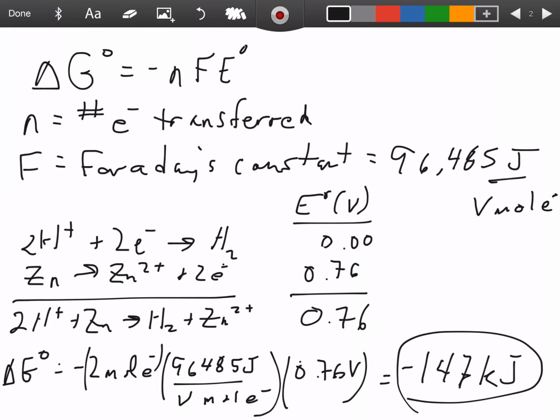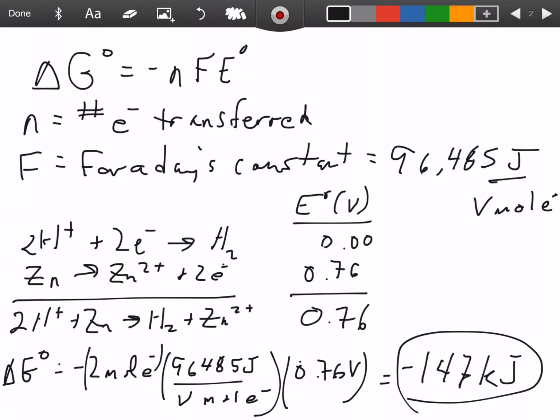H2 is an element, so that's 0. And the only thing I have left is the zinc 2 plus. And if I were to look up that value in the back of the book, it gives me a value of minus 153.9 kilojoules. So in essence, what I've done is I found another way to calculate a delta G value.